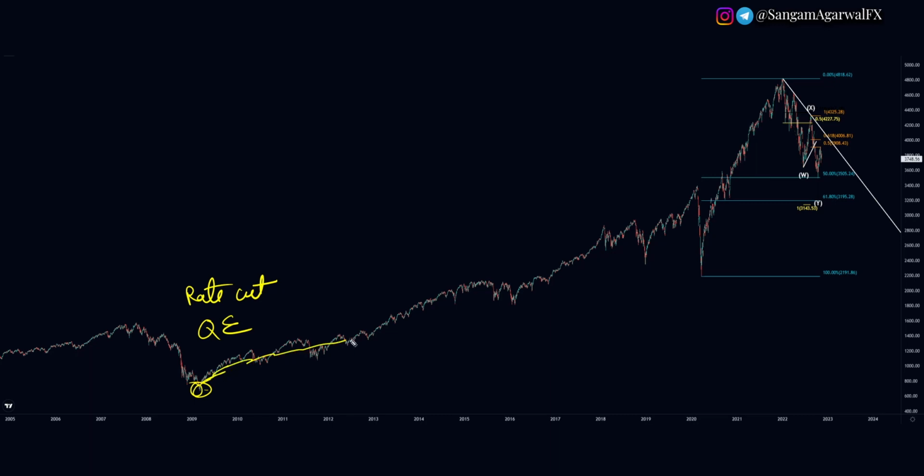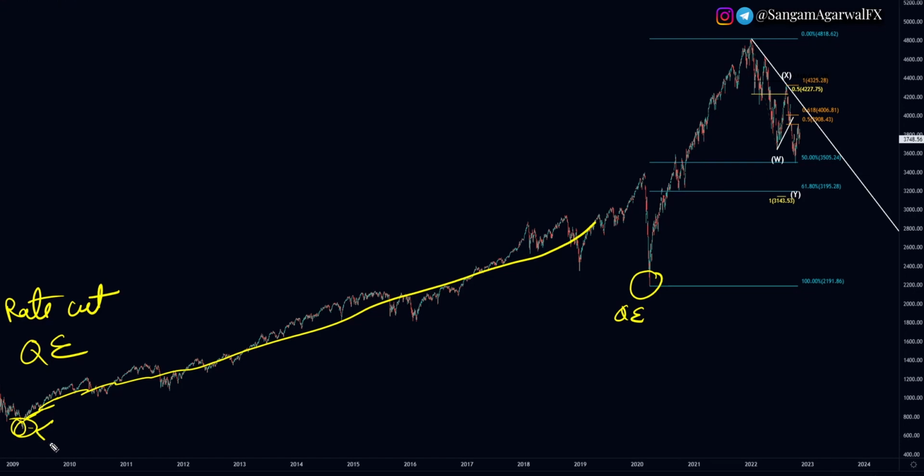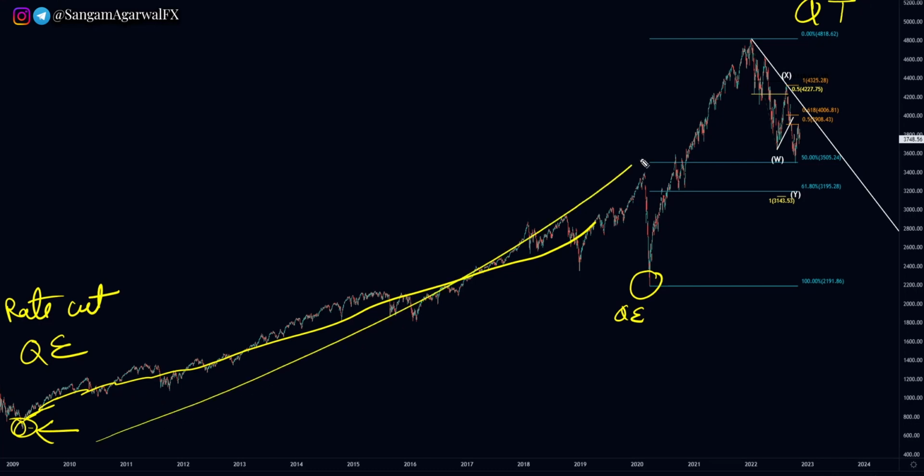This was the beginning when that policy was started, and this was the second time, during the coronavirus market crash, they started QE again, and it went up. But since this bottom, which was made in 2009 after the great recession, the Fed is now doing QT monetary policy, which is the complete opposite of this last complete bullish trend.